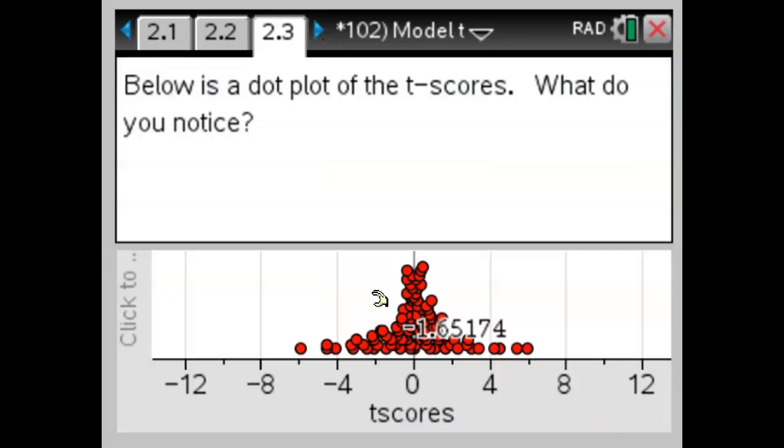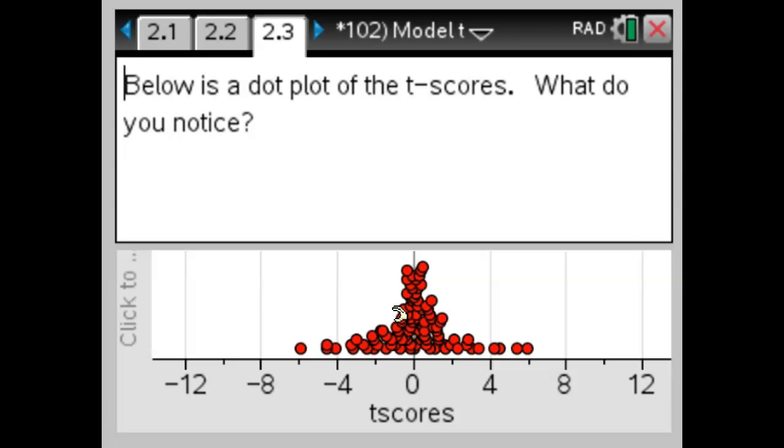So when you look at this distribution, there are a couple things that you're going to notice about this model. The first thing you should notice, which sometimes people call the Student's t model, is that it has a lot longer tails than our normal distribution.